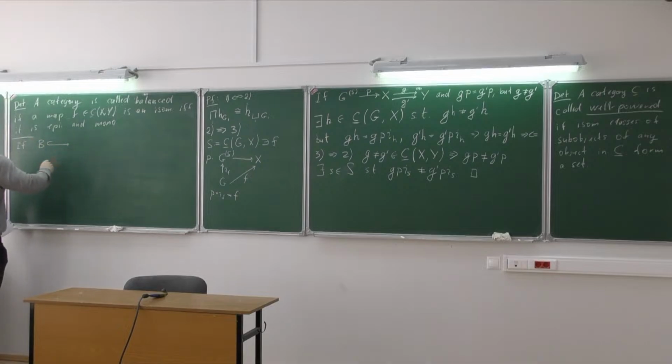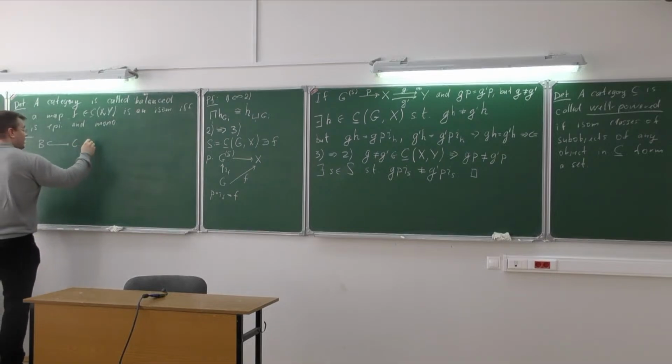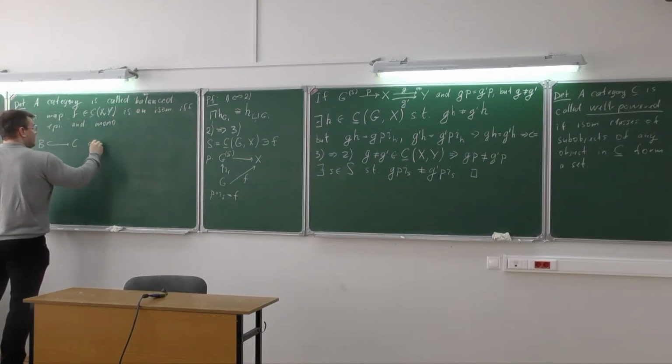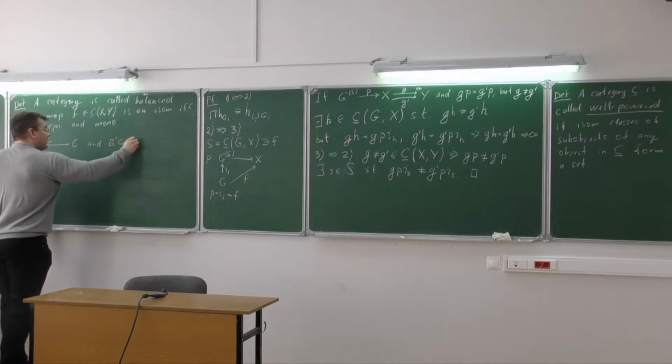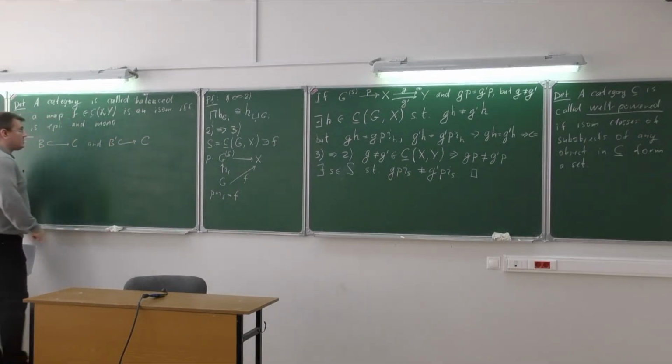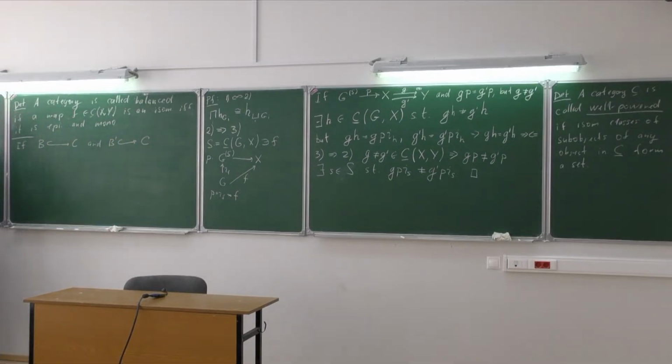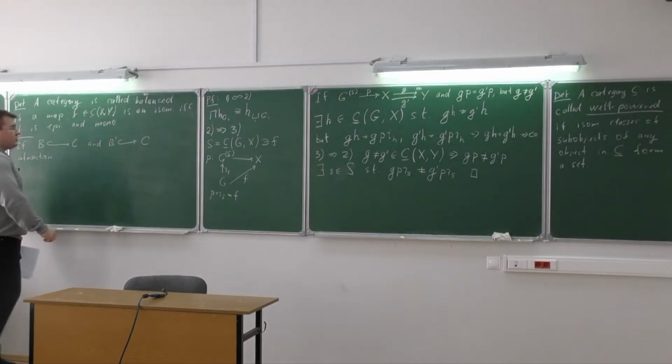So there is object B, monomorphism into some object C, and there is another B prime and a monomorphism to the same object C. So we can introduce the intersection of two sub-objects.